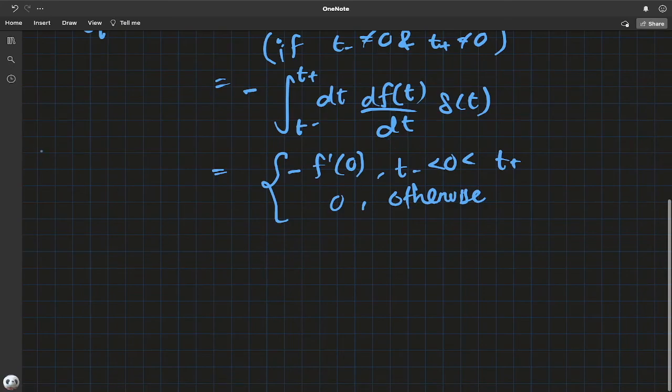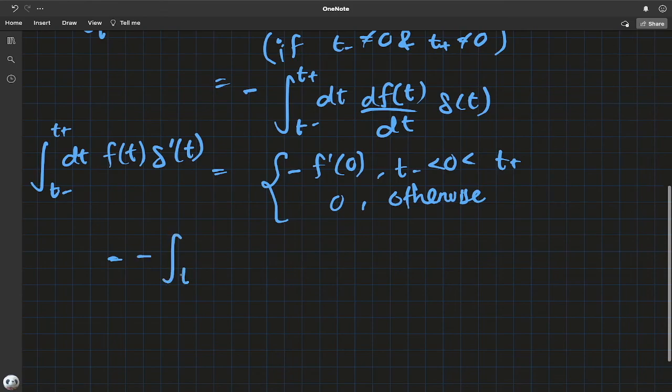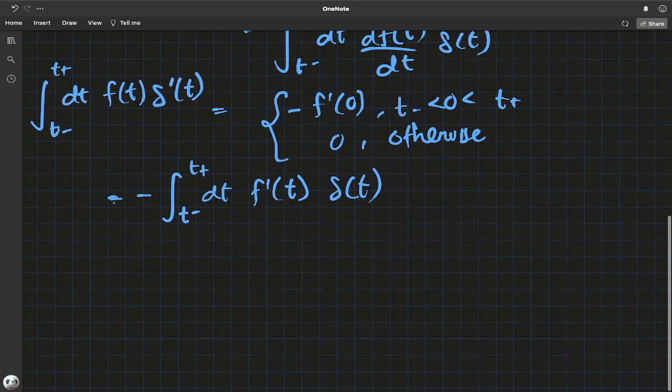So the integral from t minus to t plus dt of f of t delta prime of t is just negative the integral of f prime of t delta of t. Yep, we just get a negative sign. We change the derivative from the delta to the function itself.